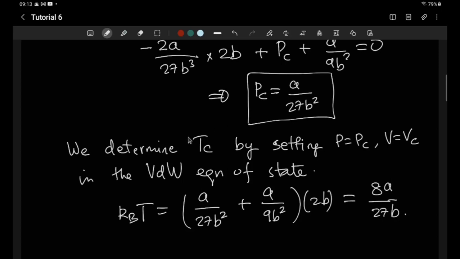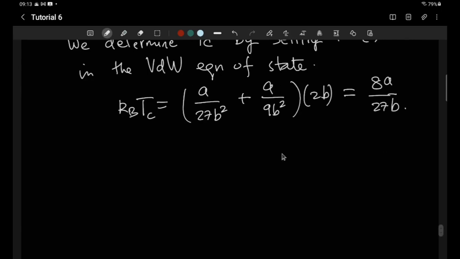So this is what you get. And I forgot, I put kB equal to 1, so I'll correct the problem set also. This says kB Tc equal to this thing. Sorry about that.